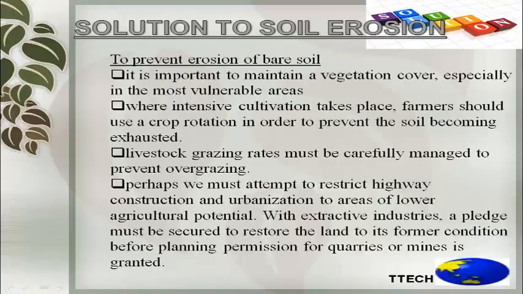Livestock grazing rate must be carefully managed to prevent overgrazing. Perhaps we must attempt to restrict highway construction and urbanization to areas of lower agricultural potential. With extractive industries, a pledge must be secured to restore the land to its former condition before planning permission of quarries or mines is granted.